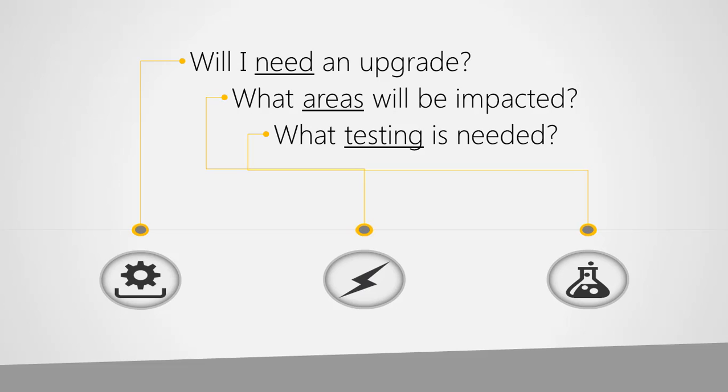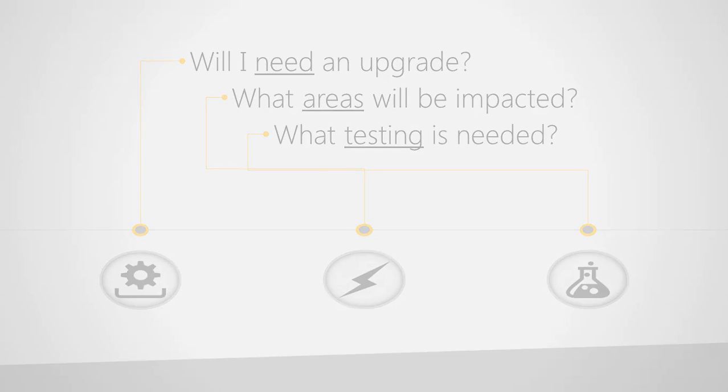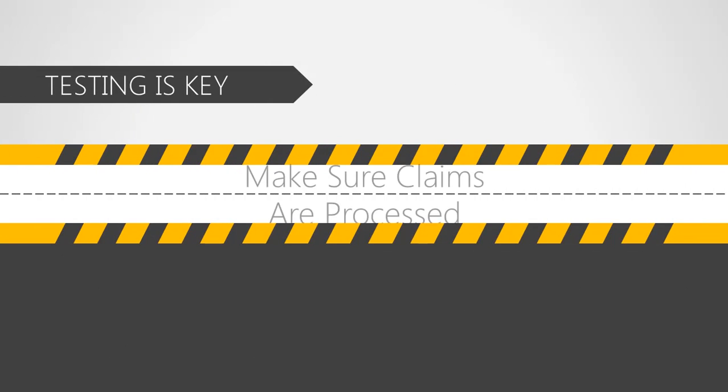And Jason, on the payer side, what advice would you have for practices as far as what level of communication they need to have to make sure that there aren't any major hiccups as far as the reimbursement? Well, as far as payers are concerned, the first thing to do would be to get the testing done, make sure that claims are going through, they're being processed, and the proper ICD-10 codes are there in order for the claims to be paid.